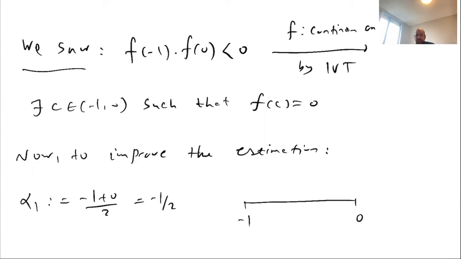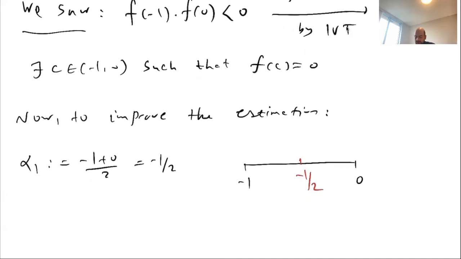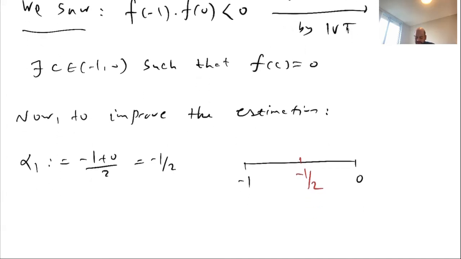We already know that the root is between -1 and 0. Now to narrow it down, we consider the half point between -1 and 0, which is -1/2. Then we have to either narrow it down between -1 and -1/2 or between -1/2 and 0.